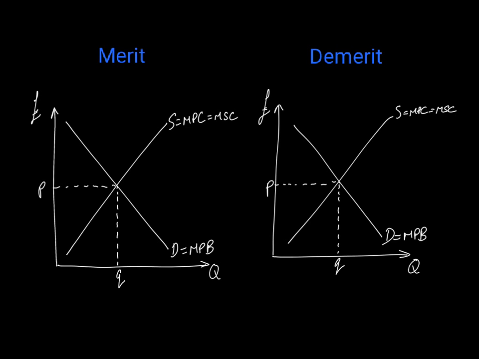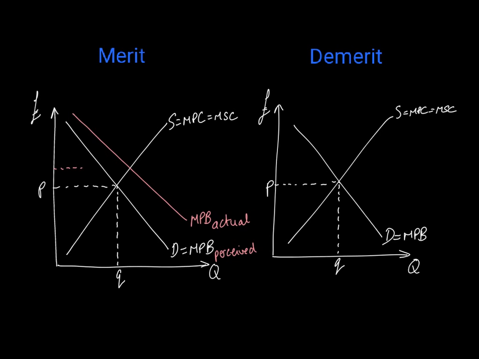The benefits of consumption of a merit good are actually higher than people perceive. So what we end up with is a situation like this, where the higher of these two curves is the actual level of benefit which is being received, and the lower one is the level that people perceive.